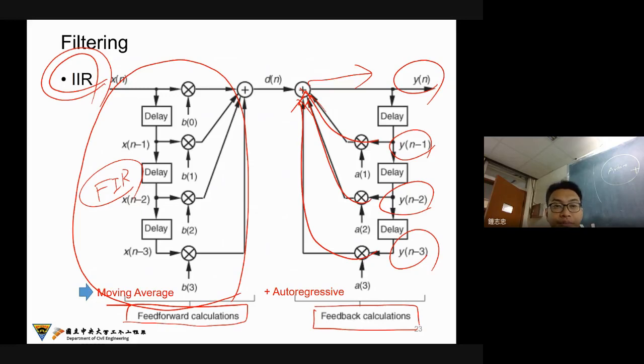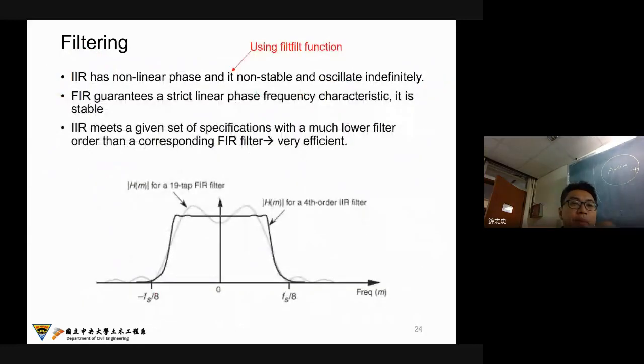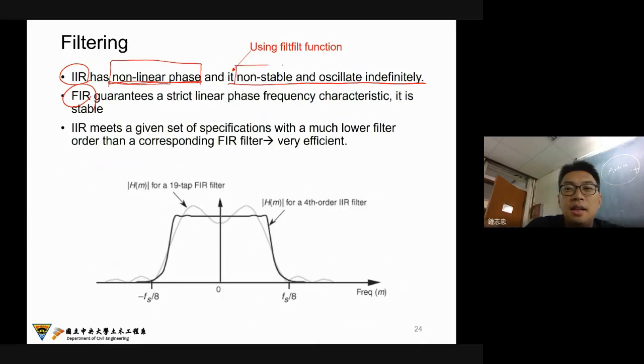But however, compare these 2 filters. Sometimes we need to think about the advantages and the disadvantages. Okay, IIR is much more complex, but it has the limitation of nonlinear phase, and it can be non-stable and oscillate indefinitely.